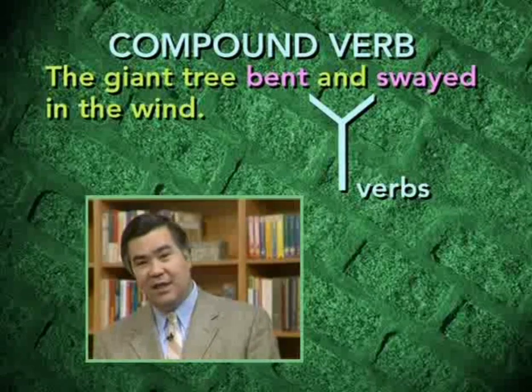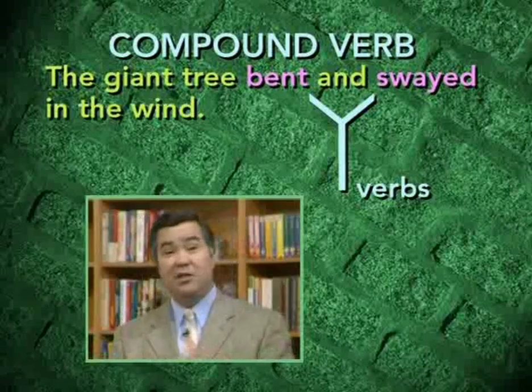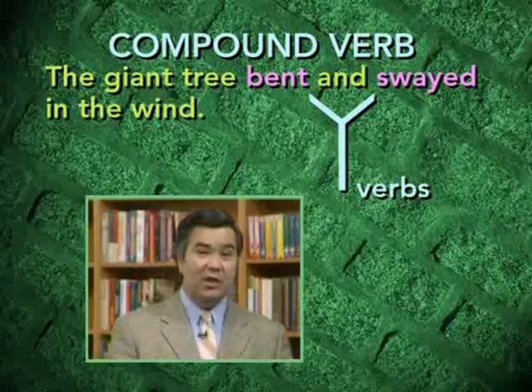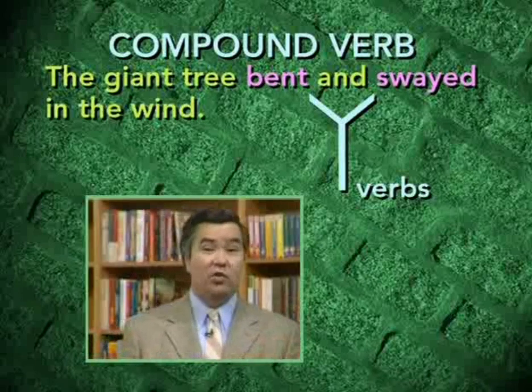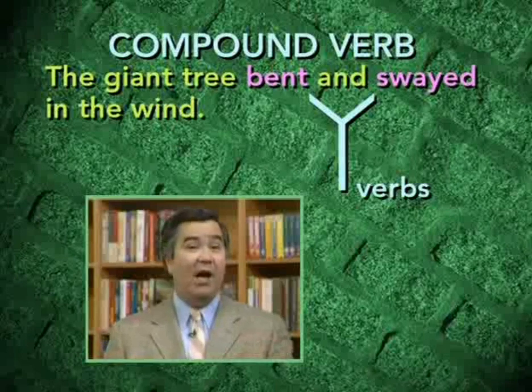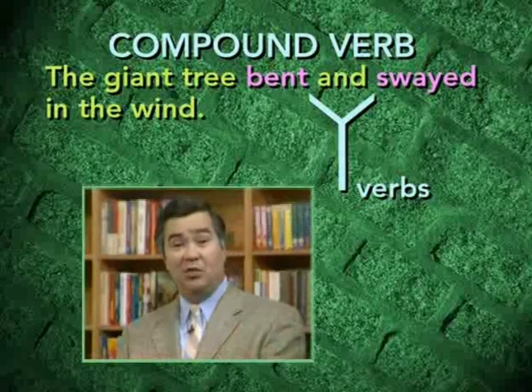So the heart of this sentence is tree bent and swayed. And the other words in the sentence are there to give us more information about what kind of tree it was and how and when the tree bent and swayed. So as we see, in some sentences, you may have a compound subject, that is, two or more subjects joined by the word and or or.